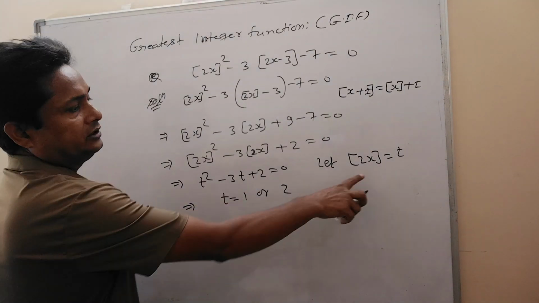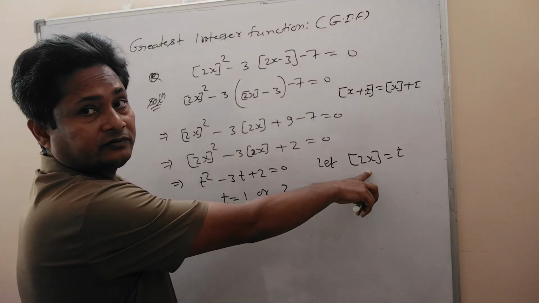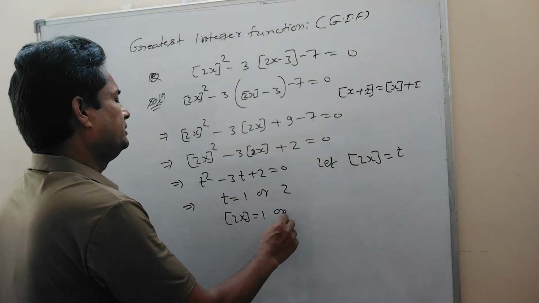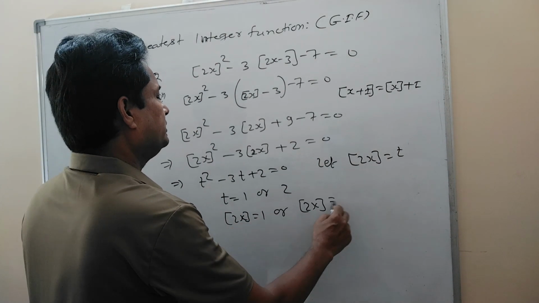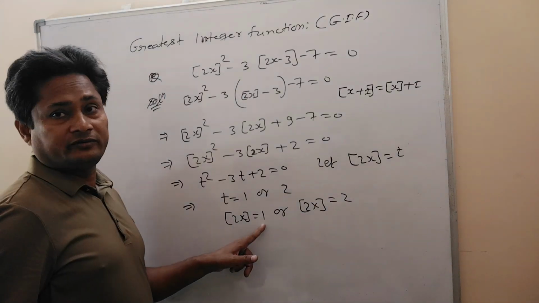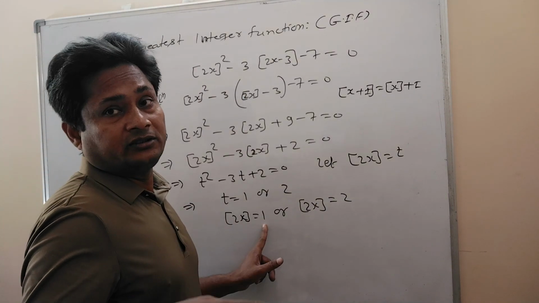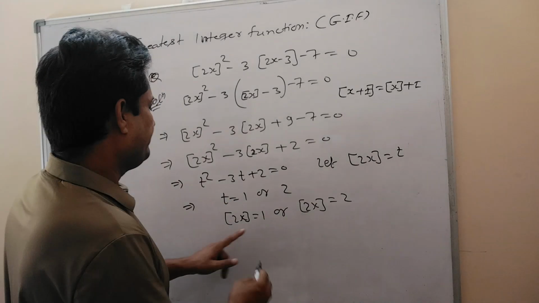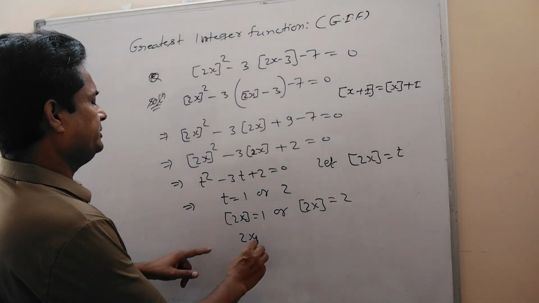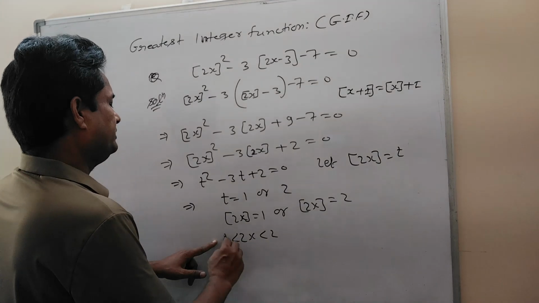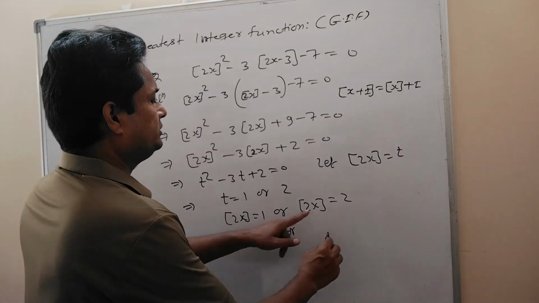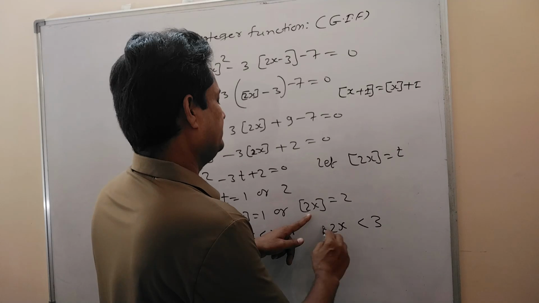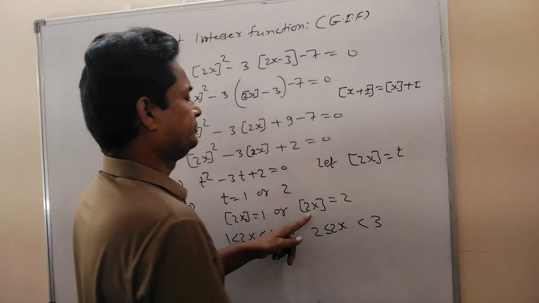That means greatest integer of 2x is 1, or greatest integer of 2x is 2. The greatest integer of x gives you the value 1 when x lies between 1 and 2. That means 2x is less than 2 and greater than or equal to 1, or 2x is less than 3 and greater than or equal to 2.